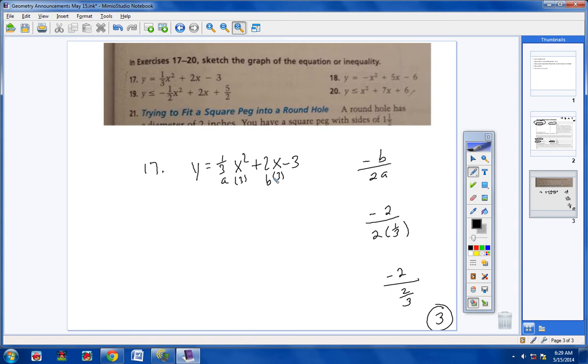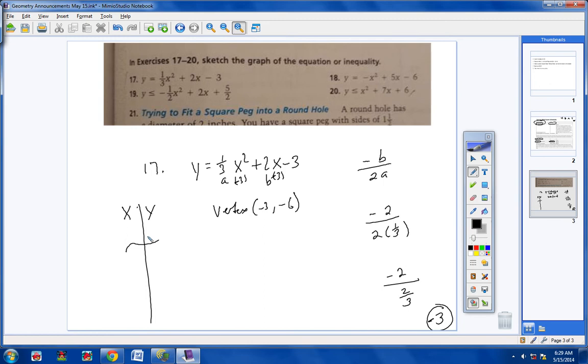And when you put in a 3, you get out a 6, okay? And actually it'd be a negative 3. Sorry about that. So you put a negative 3 here and a negative 3 here. And when you put in negative 3, you get out negative 6. So now, that's your vertex. So your vertex is negative 3, negative 6.